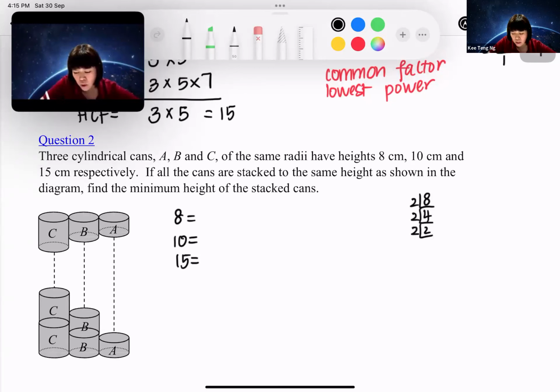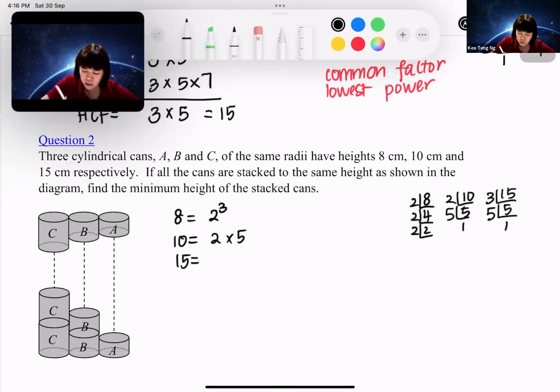The smallest one always start with 2, so 2 to the power of 3. Then next one, 10, divide by 2, give you 5. So it's 2 times 5, and then 15, cannot divide by 2, divide by 3 gives you 5, divide by 5 gives you 1. So this is 3 times 5.